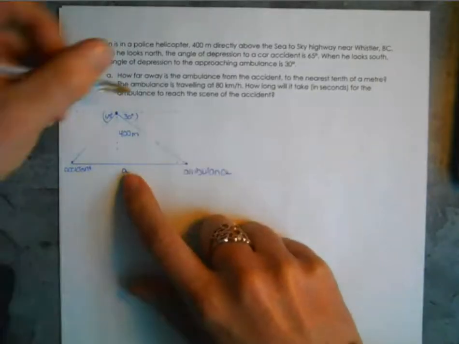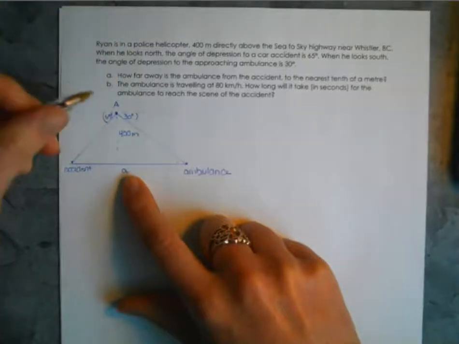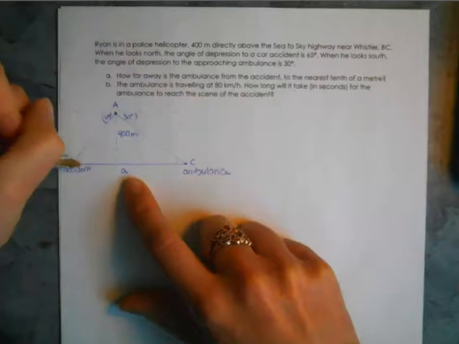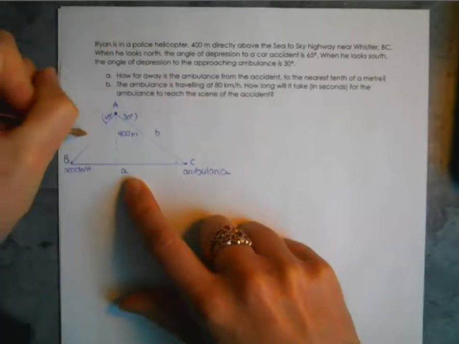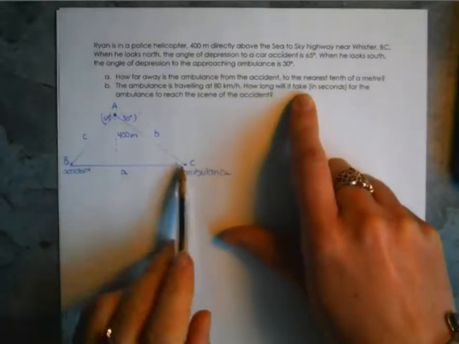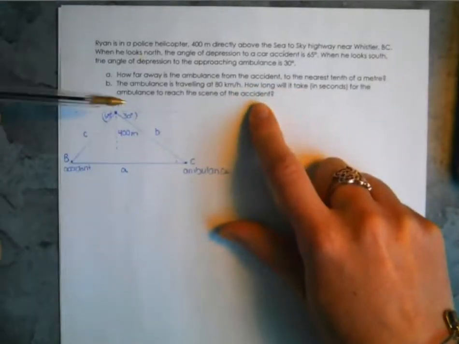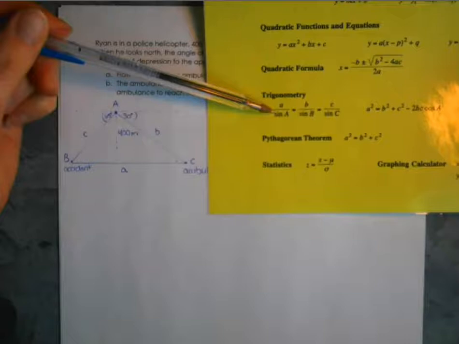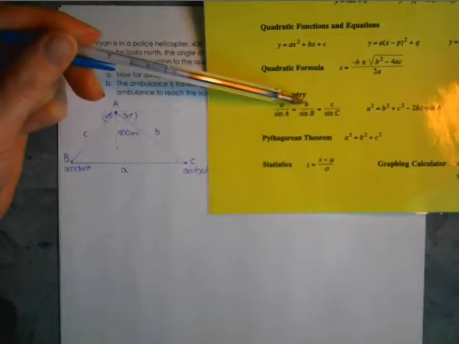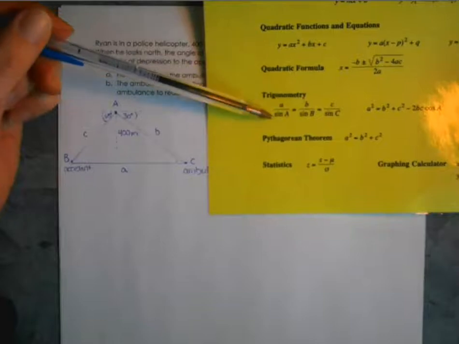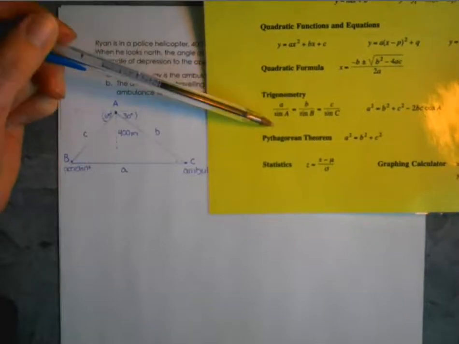So if this is side A, we're going to call this angle A. And then let's just do B and C, which would make this side B and this side C. Okay, so we want to solve for side A. Now this is a little bit tricky because if we were going to be using, for example, the sine law, then we would have to have one of the sides and two other angles. So that could be tricky.